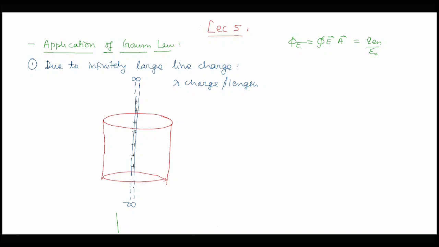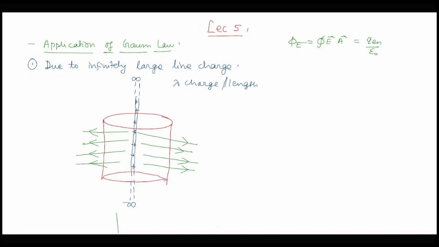One thing is clear here, that the electric field due to this line charge will be directed in the outward normal like this, such that the direction of electric field is parallel to the area vector of the curved surface area of the cylinder.